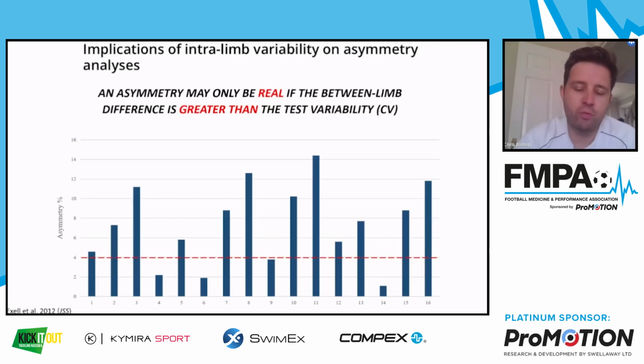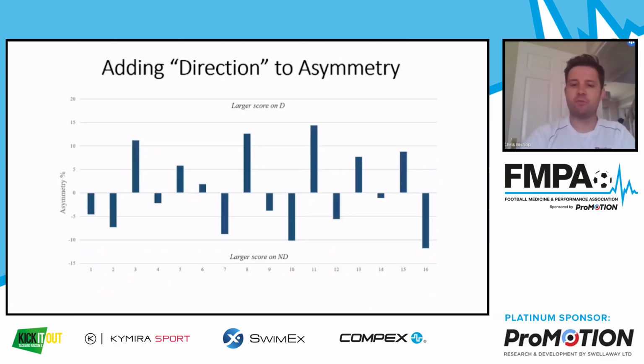One other thing before we move on to the individual analysis part is to say, as useful as that is, every number here is a positive value, so it doesn't give us any understanding of the direction of asymmetry or limb dominance. So if we take the exact same scores, but now we map on the direction of asymmetry, and we say that any blue bar above 0 means that there was more peak force scored on the dominant limb, and any blue bar below 0 means that the non-dominant limb produced the larger peak force value.